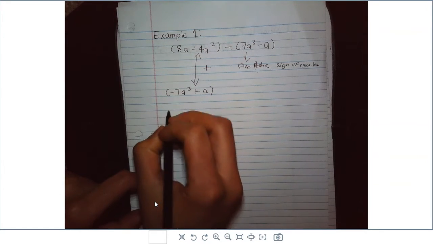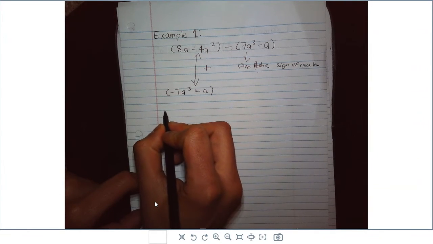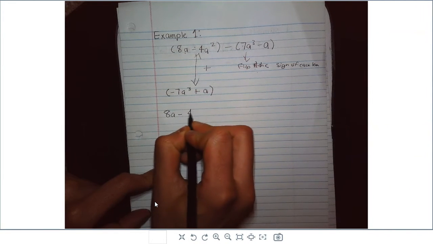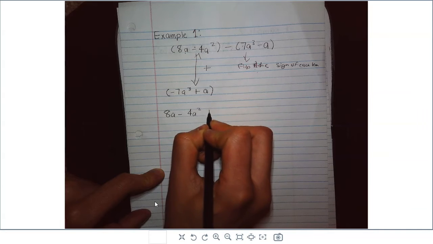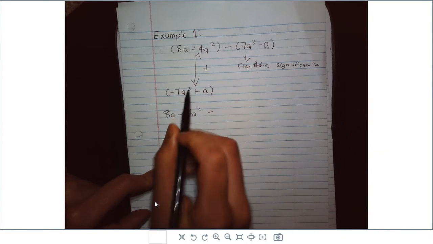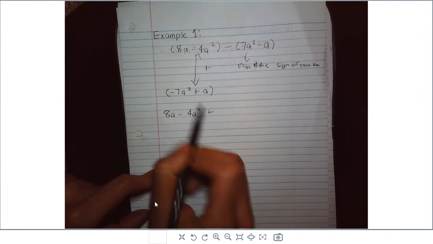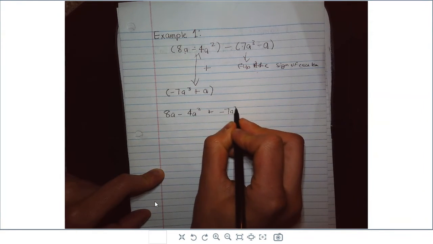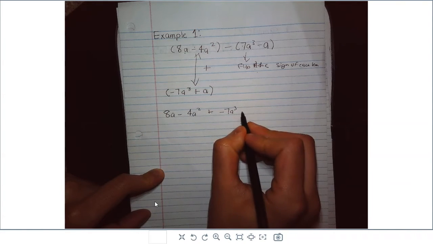So we have to first drop the bracket. So we get 8a minus 4a squared plus, this is what I was talking about for the reminder, if we have plus negative 7a cubed and then plus a.